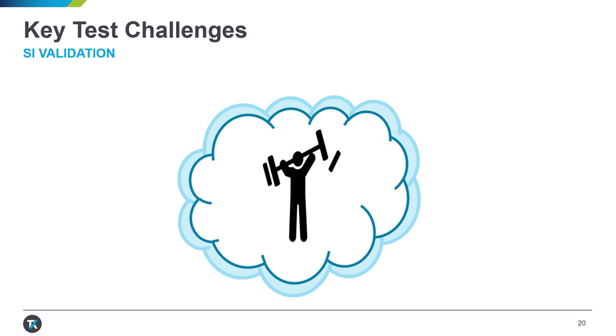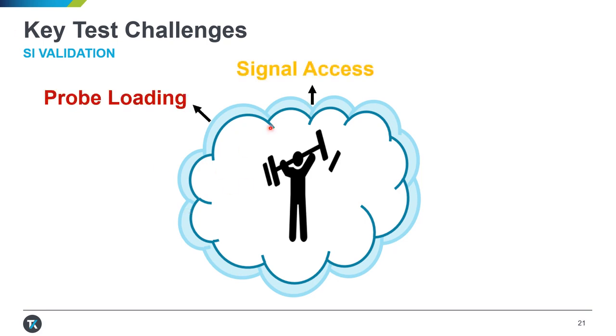Let's look at some of the challenges that an engineer would face while testing LPDDR5 DRAM. Signal access and probe loading. Now these two are kind of interrelated. A typical way to probe a DDR interface is by using an interposer underneath the DRAM along with high impedance probes.